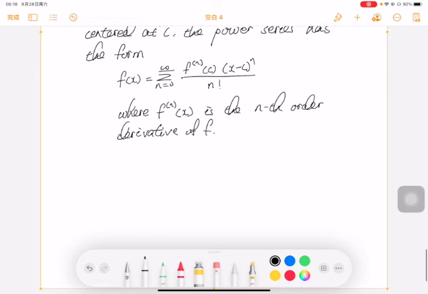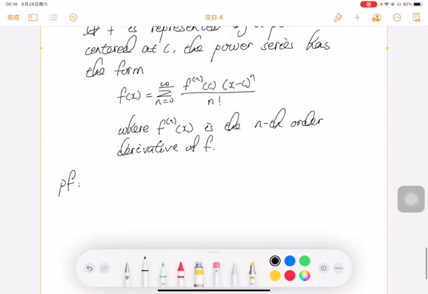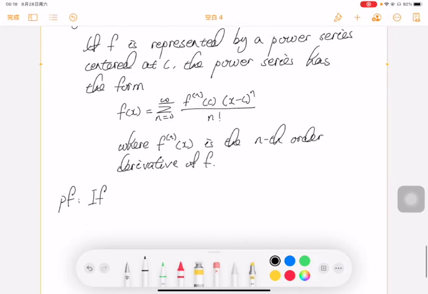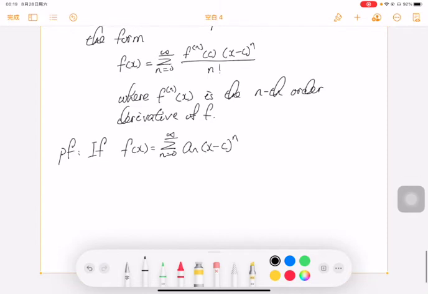The proof is actually very simple. So we go about it this way. If f can be represented as a power series centered at c, then we're saying this, right? So f equals some power series centered at c with unknown coefficients a_n. Now we just look at the derivatives.